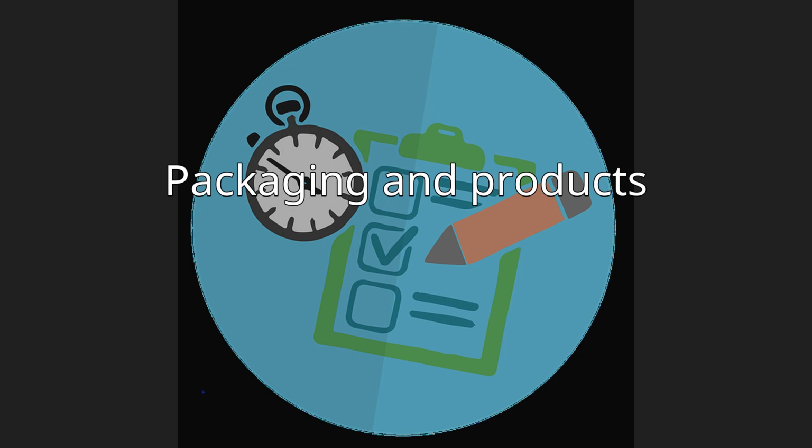Packaging and products. It is also used on packages sent through the mail and sealed boxes of merchandise that are sold in stores. Using a graphical symbol is useful to convey important warnings regardless of language. For example, breakable, do not drop. Keep away from magnetic fields in product documentation.